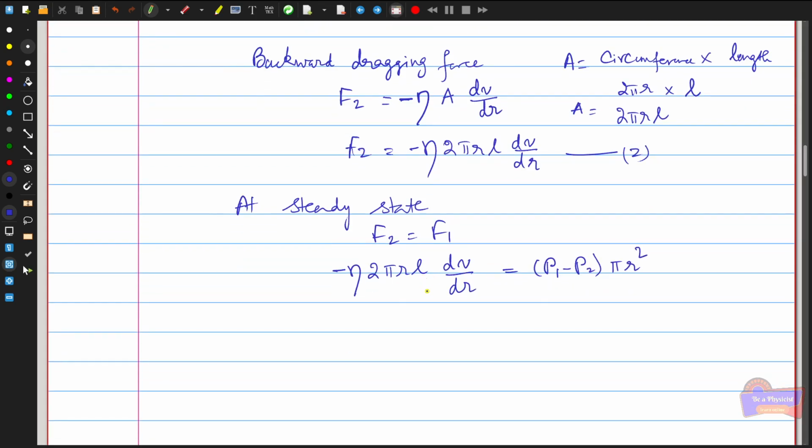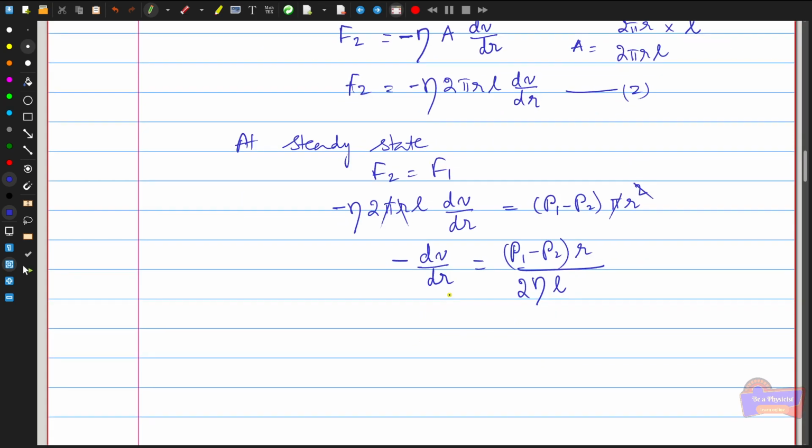From this equation, canceling pi and r, I can simplify in terms of the rate of change of velocity: minus dv by dr is equal to (P1 minus P2) times r divided by 2 times eta L. So that is the rate of change of velocity as a function of r, and this is taken as equation 3.